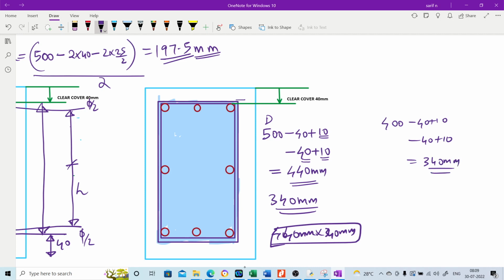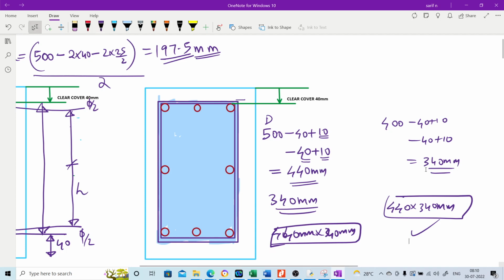So the core dimension will be 440 mm multiplied by 340 mm. This will be the dimensions of the core. Similar will be the case when we calculate for a circular section also, that I will describe towards the end of the session.